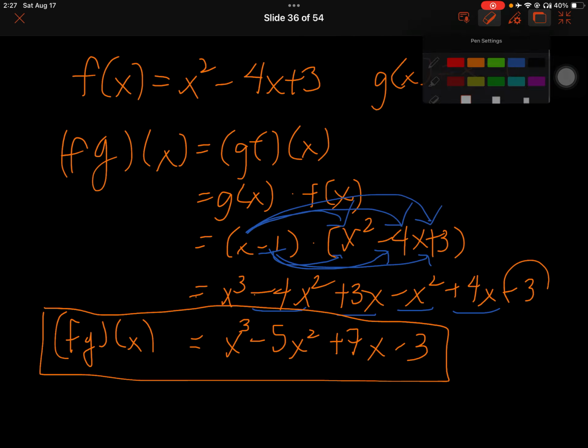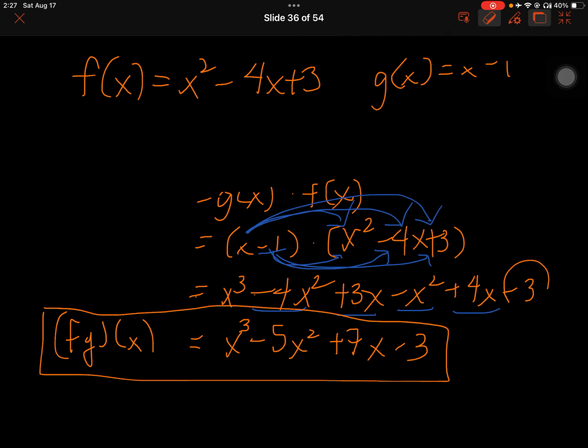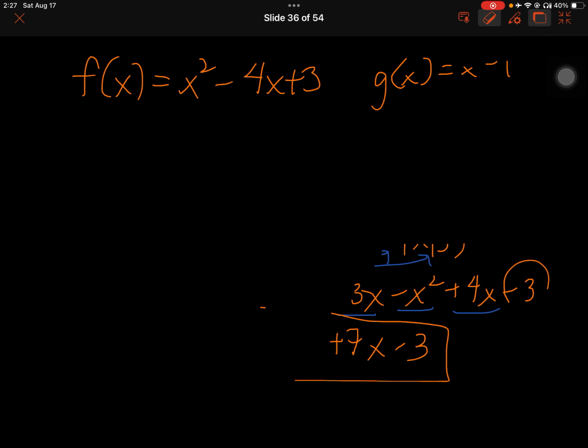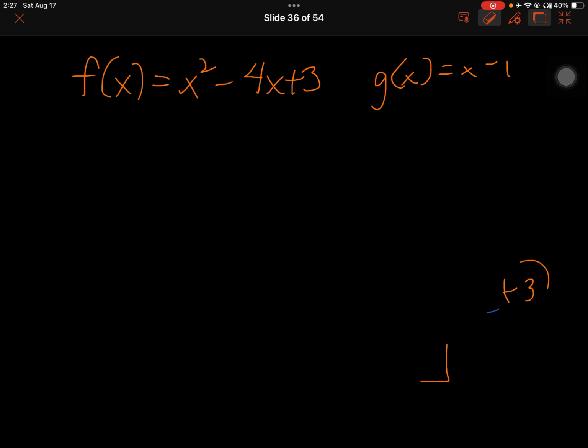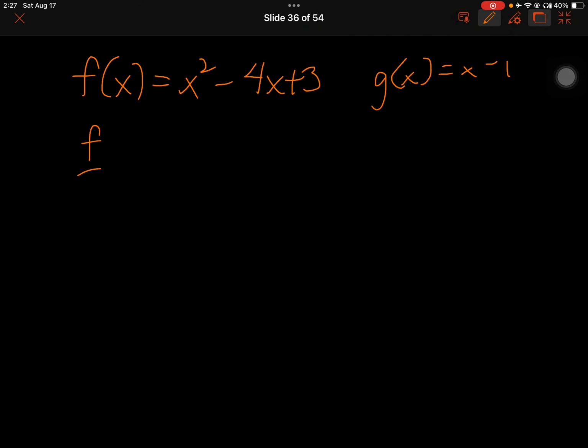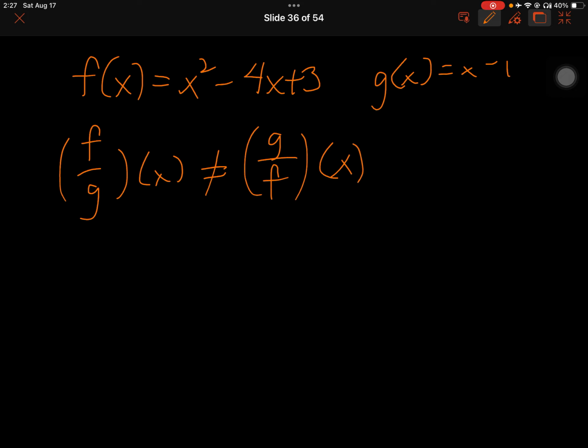Alright. Next, let's find the division. Okay. Again, in the division, order matters. So, for example, f over g of x is not equal to g over f of x. Alright.